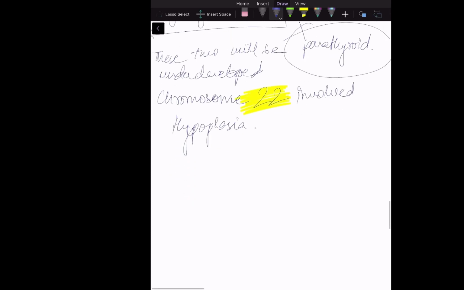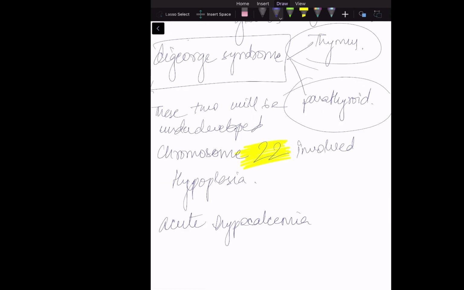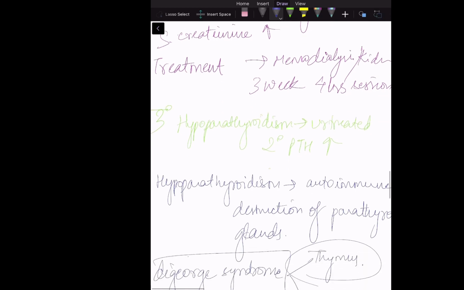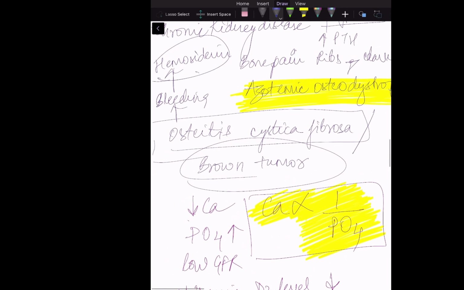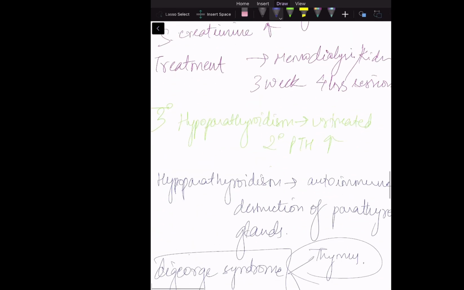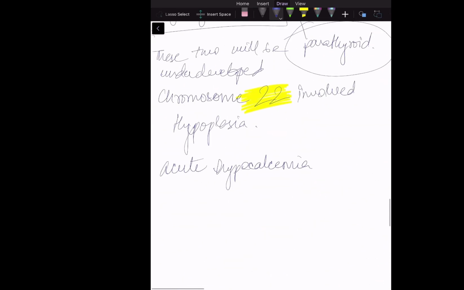Then what happens in acute hypocalcemia? For DiGeorge syndrome, I told you hypoparathyroidism, then osteitis fibrosa cystica and chronic kidney disease, which is secondary. So we are coming to acute hypocalcemia. That's basically tetany. It can occur post-operatively, for example after total thyroidectomy.